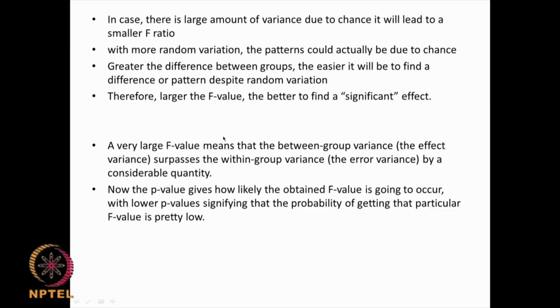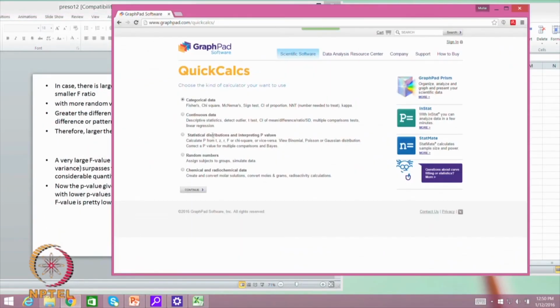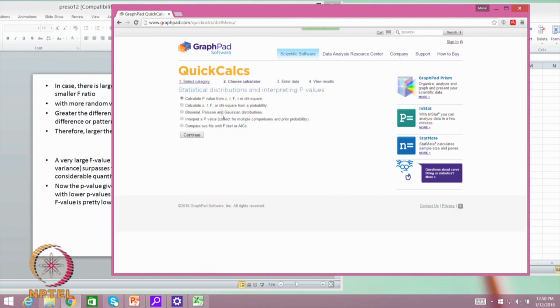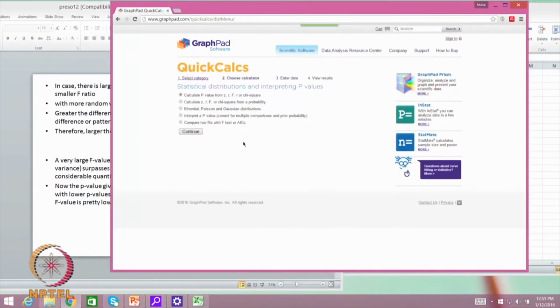Okay. We can also use the GraphPad software. As you can see here, it gives you the F value. So, we can say calculate, continue. Here we can say calculate p value from F or calculate F value given a probability. As you can see, F dist and F inverse both can be done here.